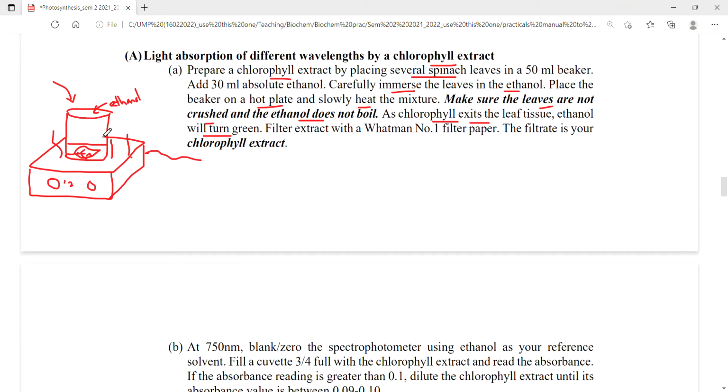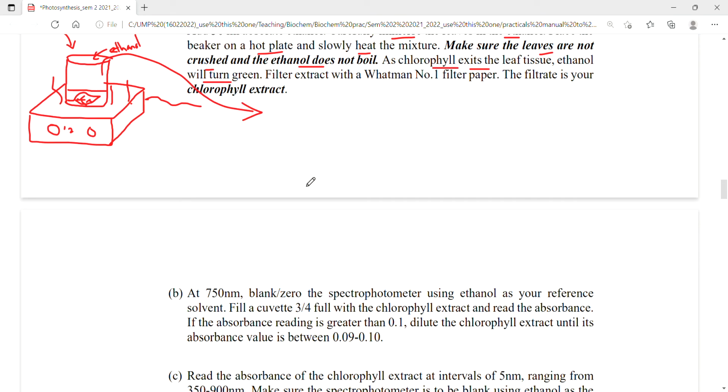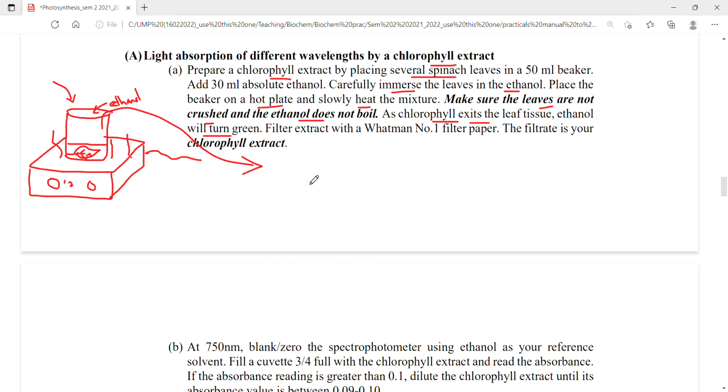Take out the extract and filter it by putting in a filter paper. You put a filter paper here and pour it through.